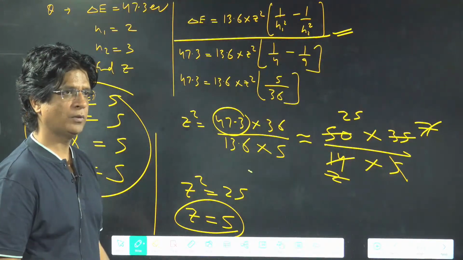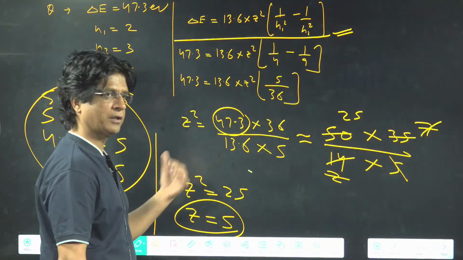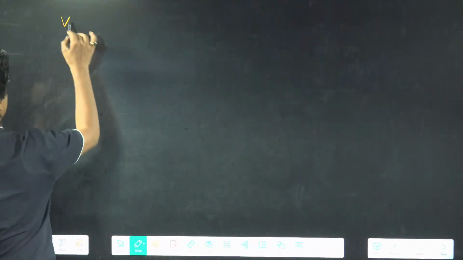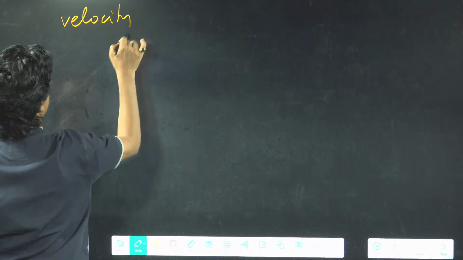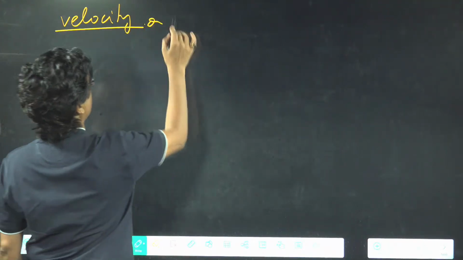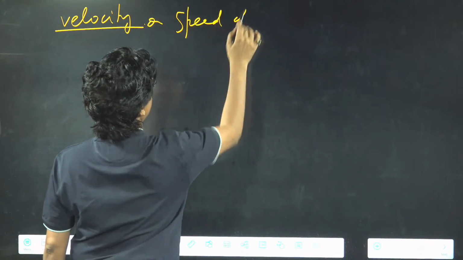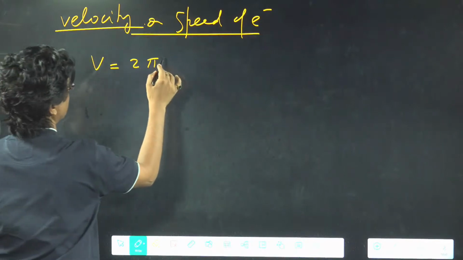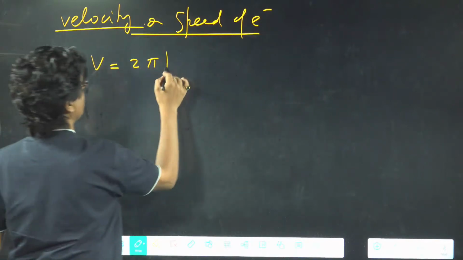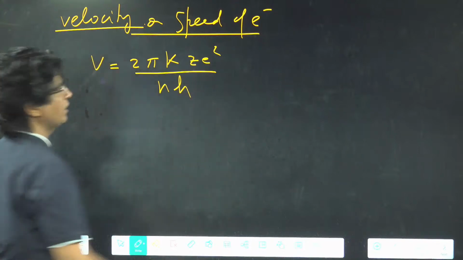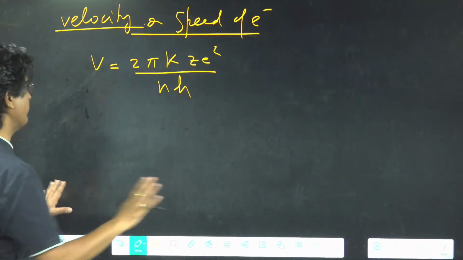Can I continue? This coming topic, velocity, you will understand properly. There is one more topic left: velocity, or speed of electron. This V is given as 2 pi k Ze square upon nh.